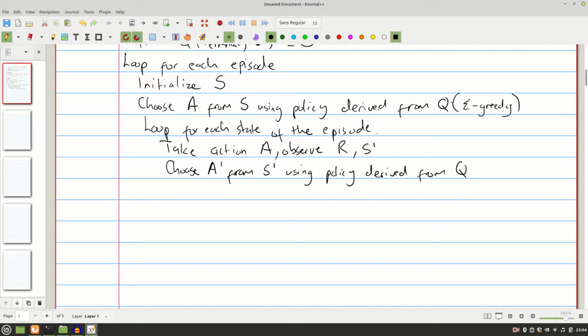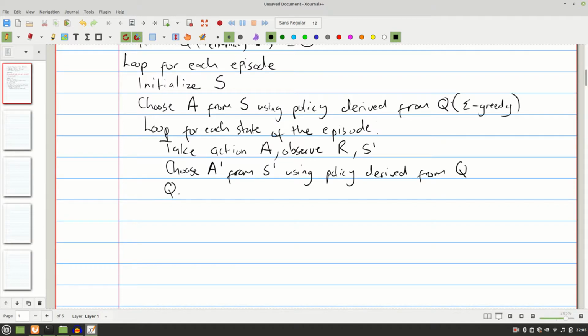The same policy that we initialized before is the same policy that we're using to choose our new action. This is why this is an on-policy algorithm, because our target and our behavior policies are pretty much the same, and the policy we're using to generate behavior is the same policy that we use to update our Q function.